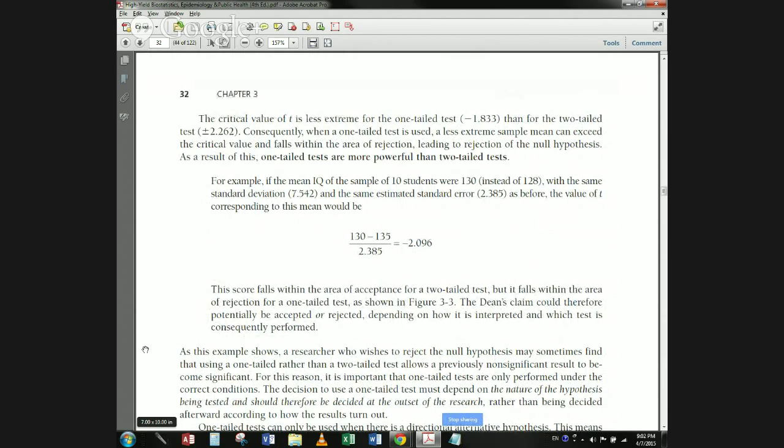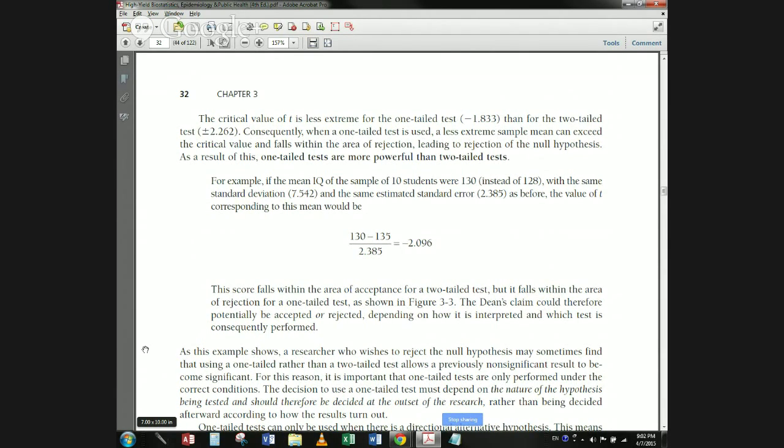Consequently, when a one-tailed test is used, a less extreme sample mean can exceed the critical value and fall within the area of rejection, leading to rejection of the null hypothesis. As a result of this, one-tailed tests are more powerful than two-tailed tests.